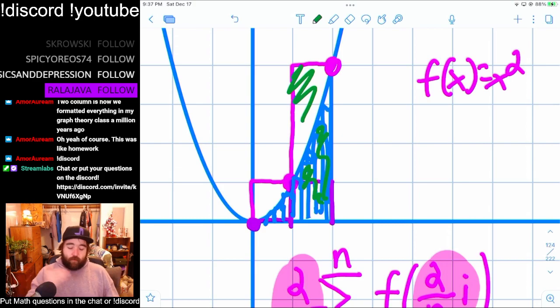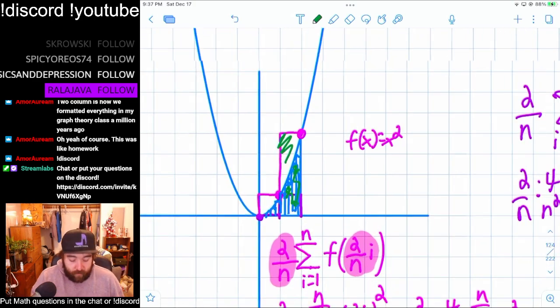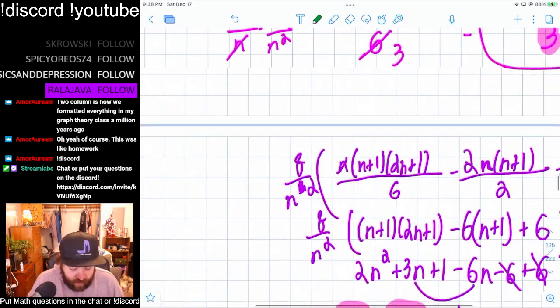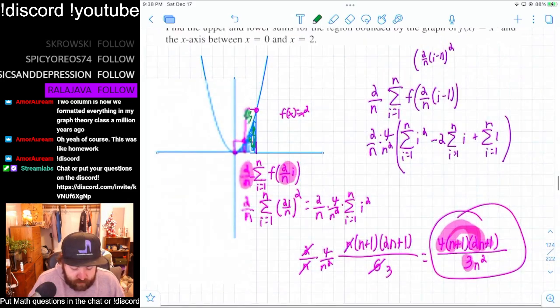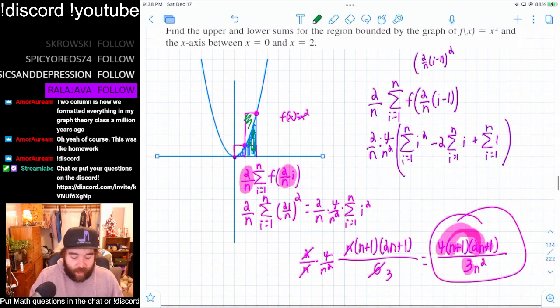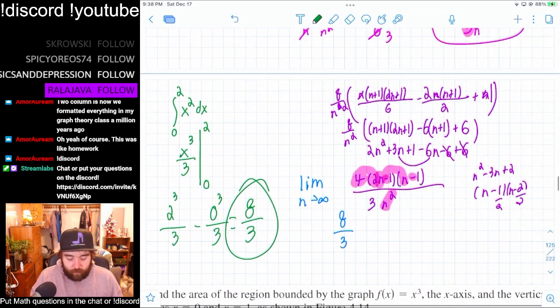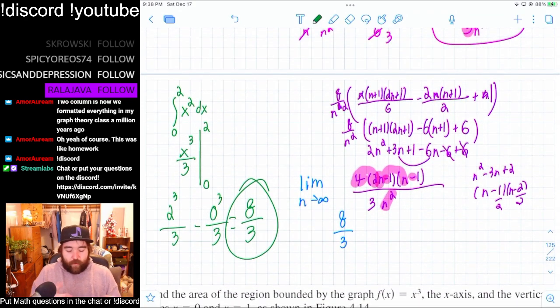So as n approaches infinity, it should be the exact area. Like with this problem, we did the overestimate and the underestimate, and for both of them, when we made n go to infinity, we got 8/3. And then we did the integral, and we showed that we also got 8/3 that way.